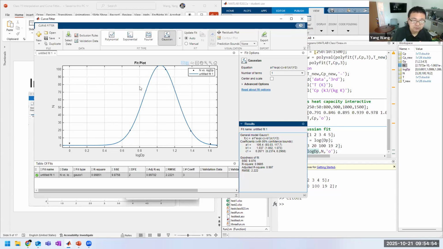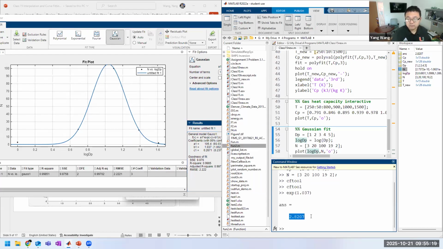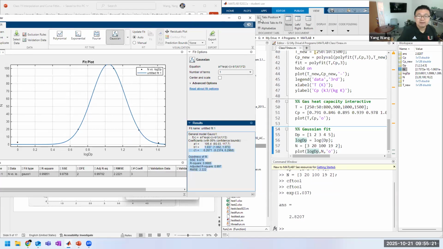And you can see that if you fit it with a log normal distribution, then the mean size also gets shifted, right? So now it's a geometric mean size, at a value of 1.037. So what that means is that the geometric mean is the exponential of 1.037, so the geometric mean size is 2.82.